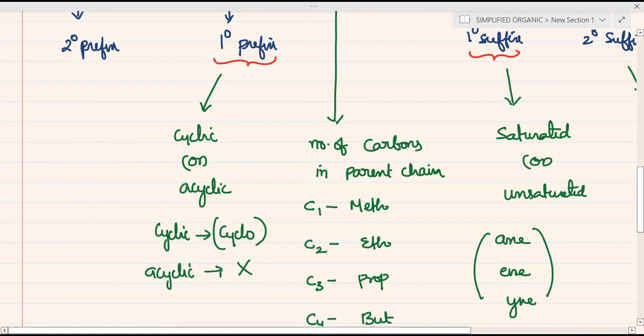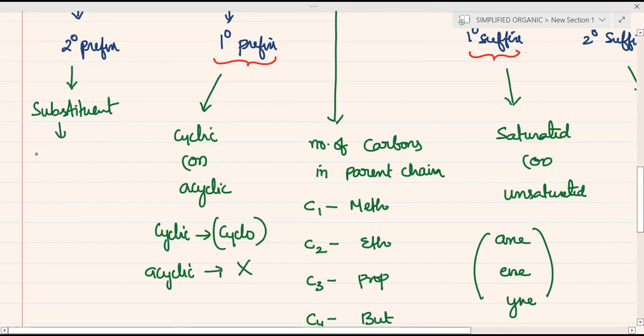Now coming to the last part, that is secondary prefix. It gives the information of substituent, meaning the part which is not in the parent chain.